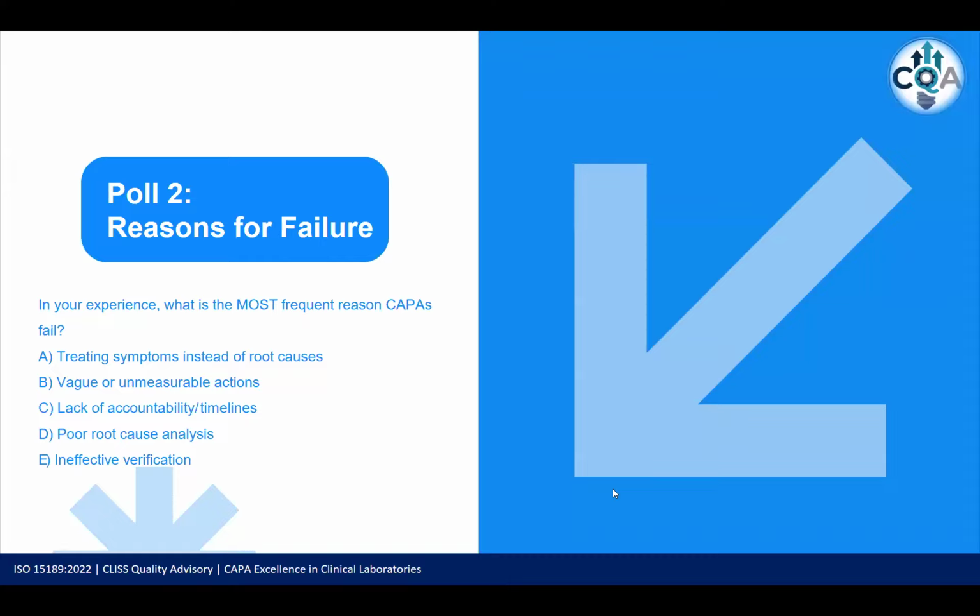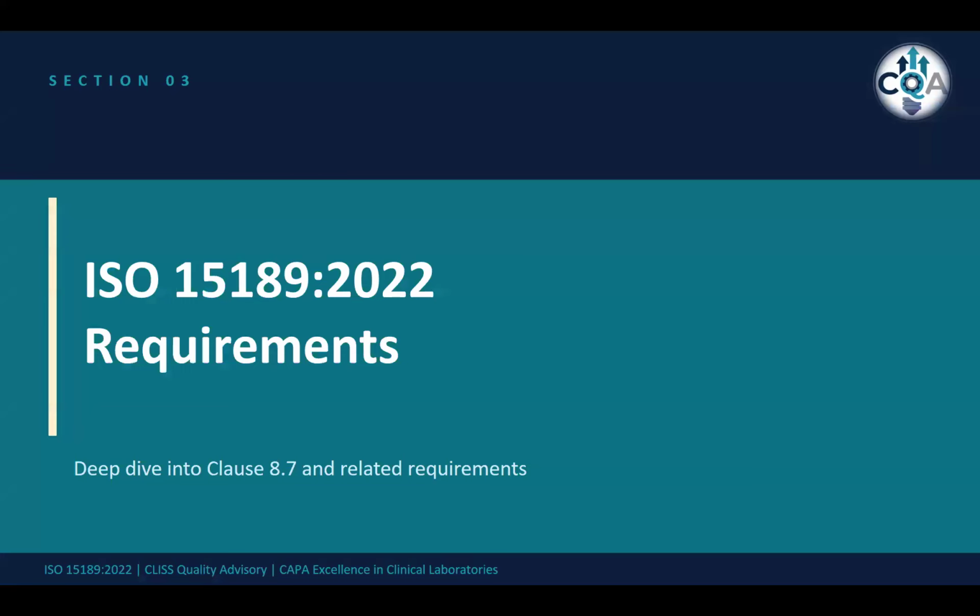And then we have also some seeing unmeasurable actions there, but also poor root cause analysis is taking the second spot at 32%. Thank you for your responses. So this was our section on why CAPAs are failing.